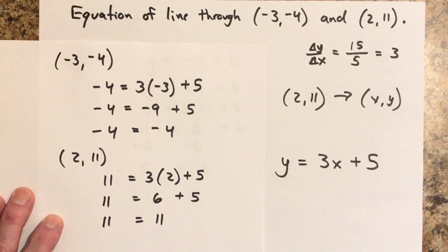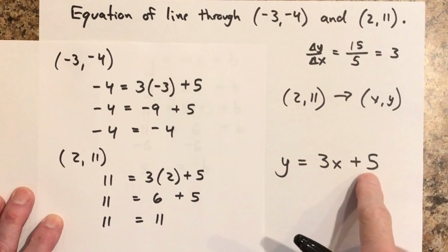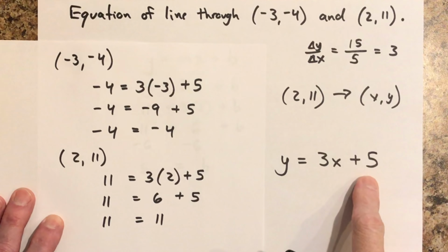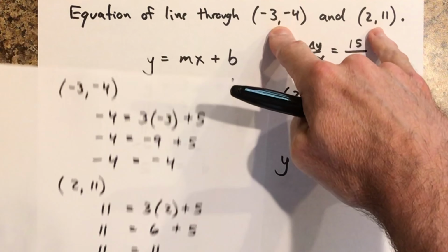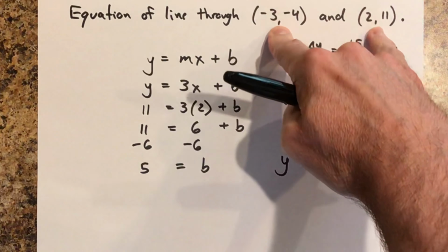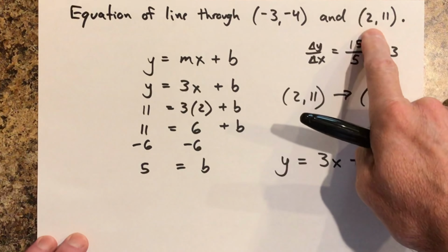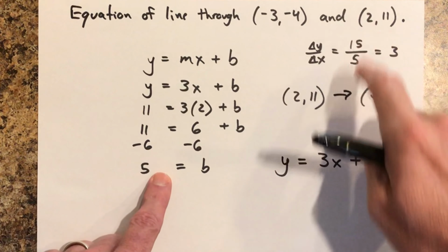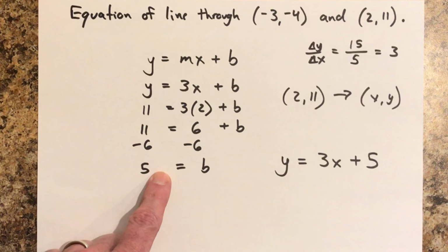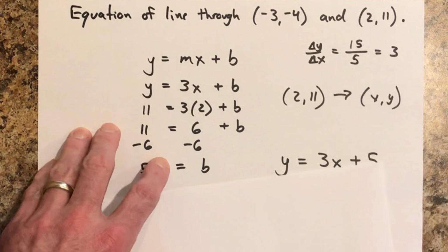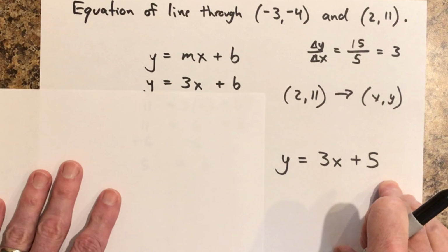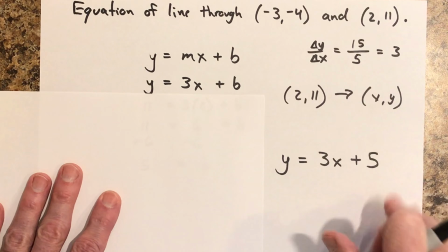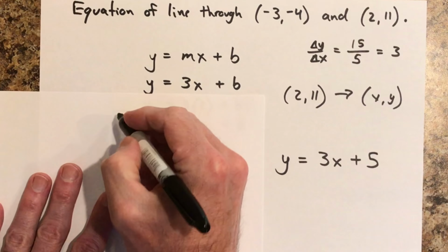I'd like to talk about one more thing about the line y = 3x + 5. Earlier in the video, you might recall that I mentioned it didn't matter which point we picked to figure out the y-intercept, and I decided to use (2, 11), and that gave us that the y-intercept was 5. Let me show you that it really, truly doesn't matter. So let's go back to the point where we knew that the slope was 3, but we hadn't yet figured out the y-intercept was 5.